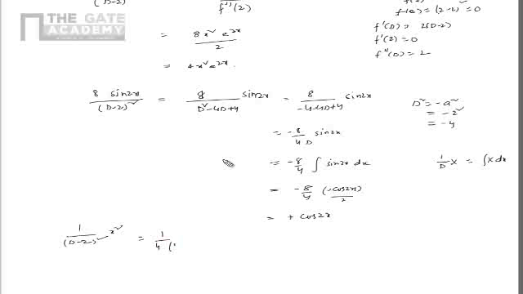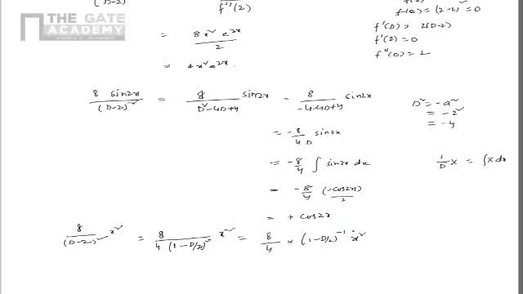I can write 1 minus D by 2 whole square, I can adjust the minus in this way. So this entire thing, remember there's an 8 here, so 8 by 4. So this I can write as (1 − D/2)^(−2) x².